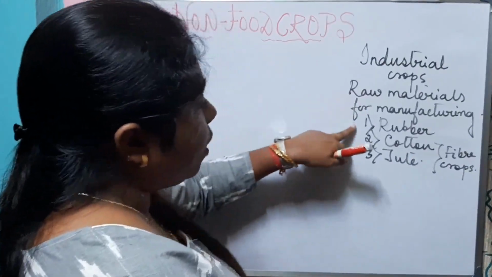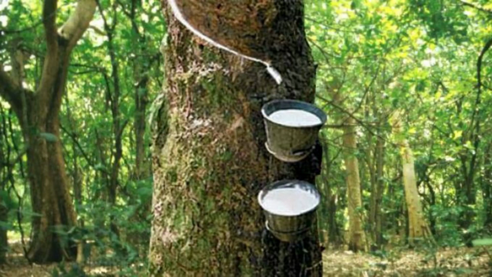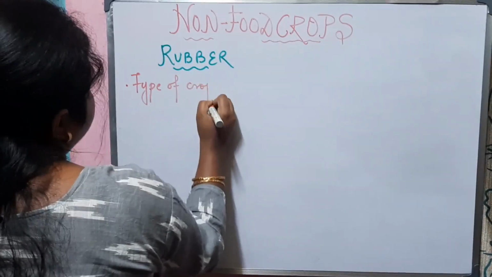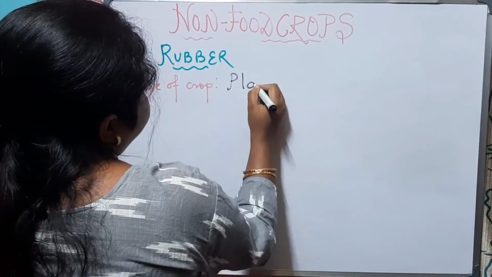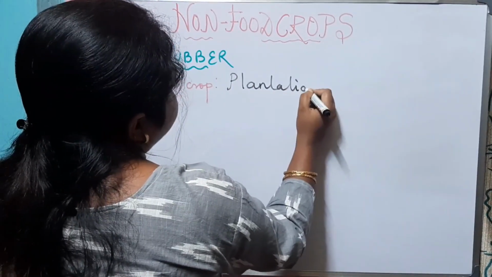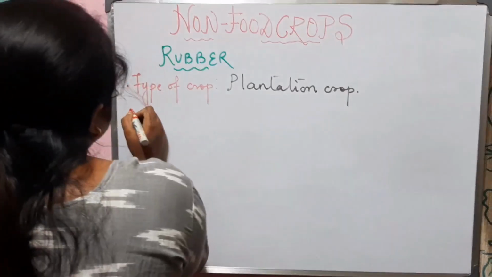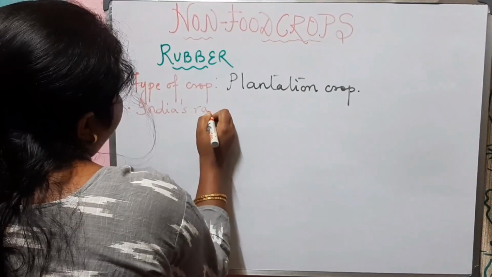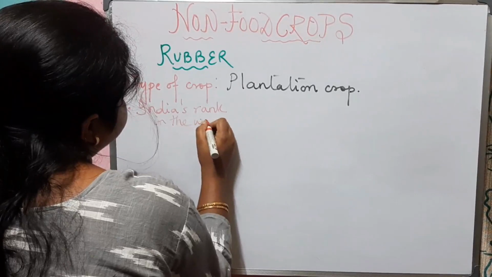So now let us know about rubber. Let us know which type of crop rubber is. Rubber is a plantation crop. Let us know India's rank in the world in the production of rubber.